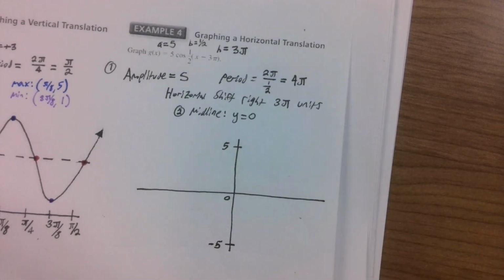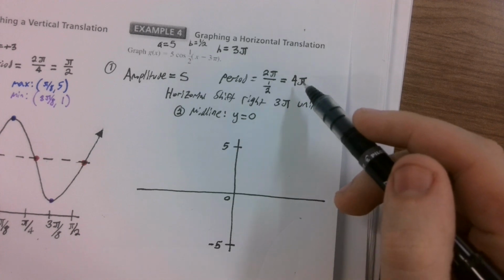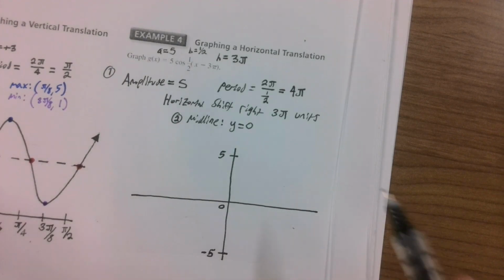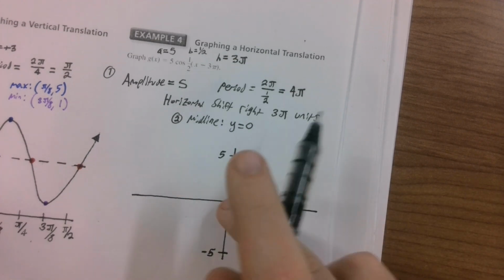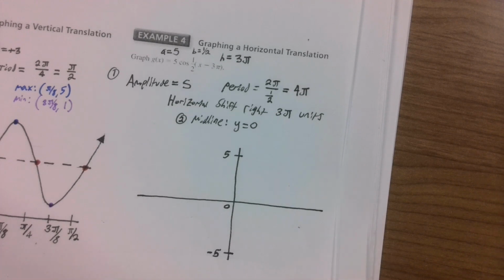But here's the deal. We have this horizontal shift to the right pi over 3 units. And the period is going to be 4 pi. Uh-oh. So actually, this graph here is not going to be totally sufficient for us to write on. The problem is, we won't be able to get very far to the right, and we're supposed to go very far to the right. I'm going to do this on a separate sheet of paper then.